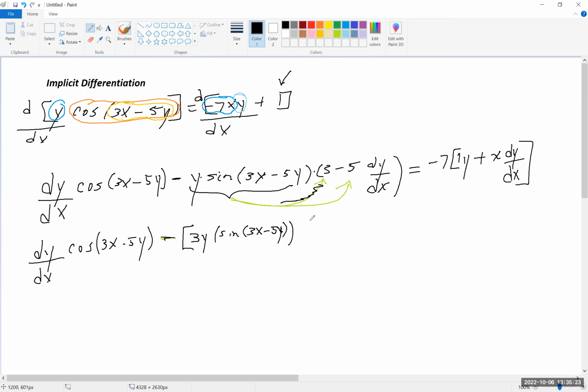And then I've got a minus sign. That's this minus sign. Minus 5y. It's this y over here. Times the sine of 3x minus 5y. And then the dy dx. And over here, I'm going to go ahead and distribute the -7 back in.